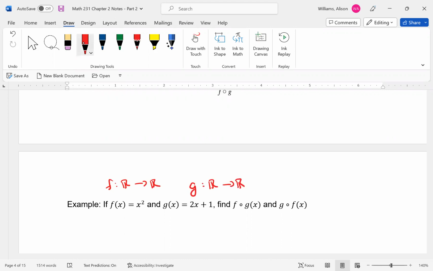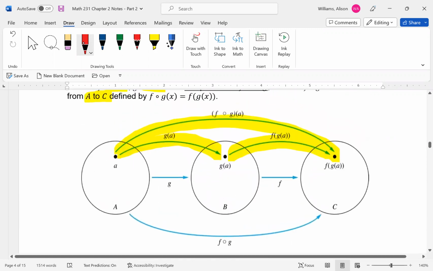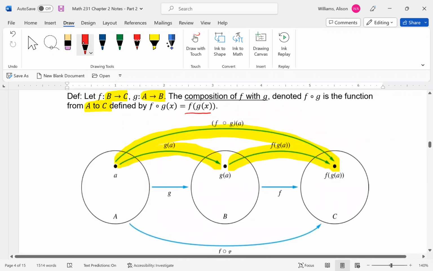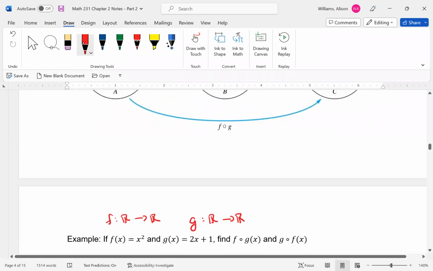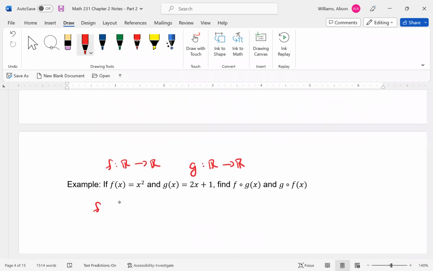Okay, so let's do this. If I want to find F composed with G, based on the definition, F composed with G equals F of G of x. So I'm taking G of x, which is 2x plus 1, and plugging it into F of x.